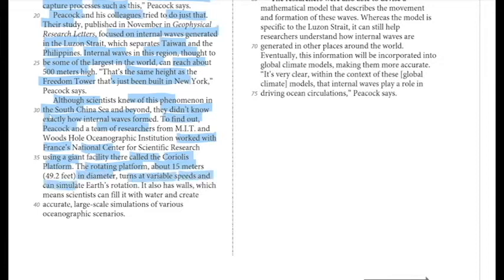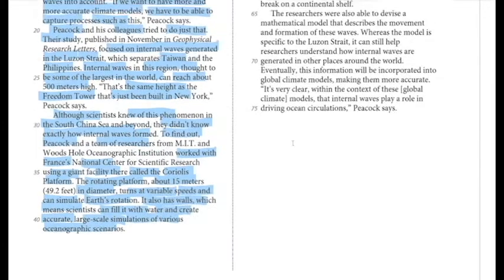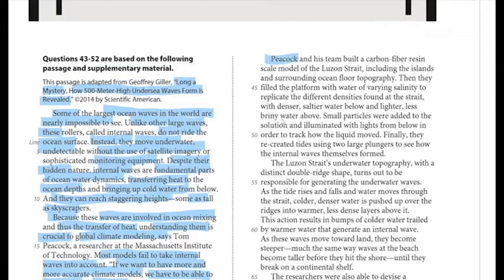"Although scientists knew of this phenomenon, they didn't know exactly how the waves formed. To find out, Peacock and a team of researchers worked with France's National Center using a giant facility there called the Coriolis Platform. The rotating platform, about 15 meters in diameter, churns at variable speeds and can simulate Earth's rotation.